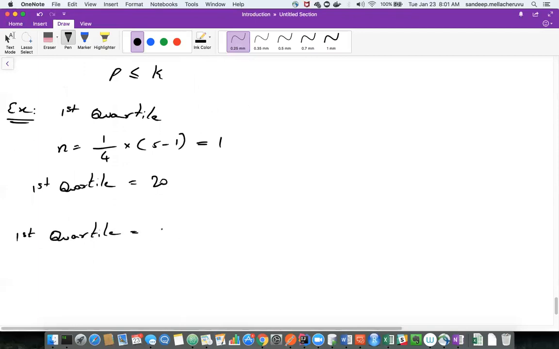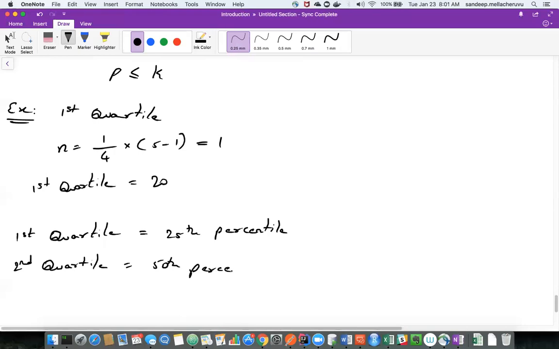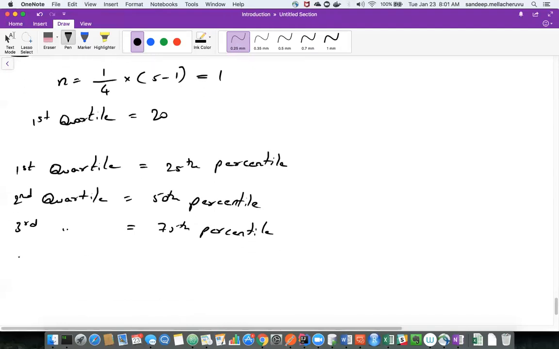The first quartile is nothing but the 25th percentile. The second quartile is the 50th percentile. The third quartile, you can guess now, is the 75th percentile. And the fourth quartile is the 100th percentile.